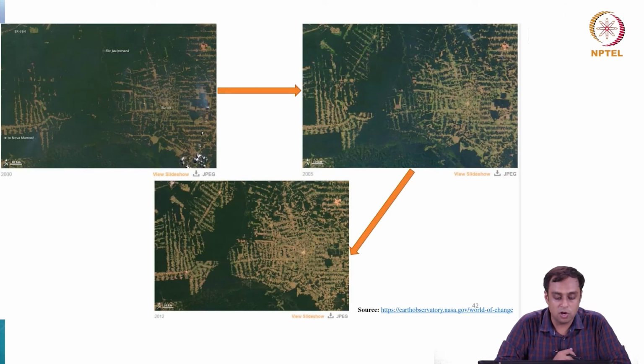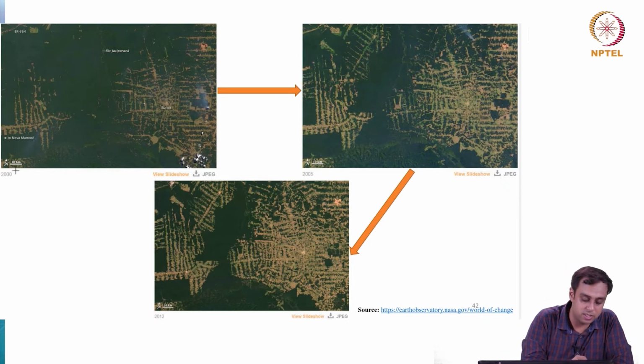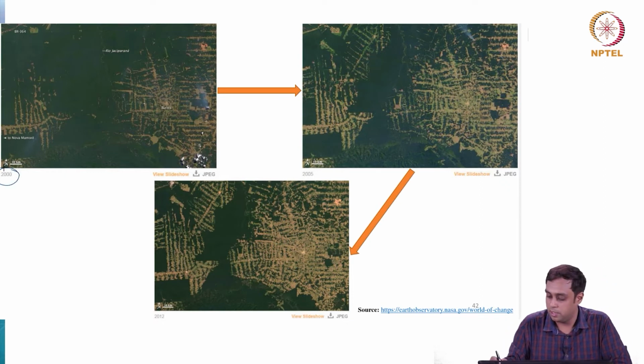Similarly, this is the Amazon. So, this is deforestation in the Amazon. You are looking at images ranging from the year 2000 to 2005 and 2012. Everywhere you see this expansion of the brown color in the raster format on raster pixels.